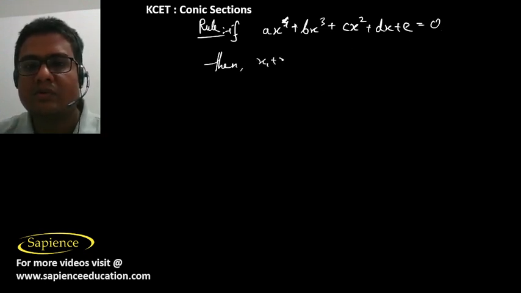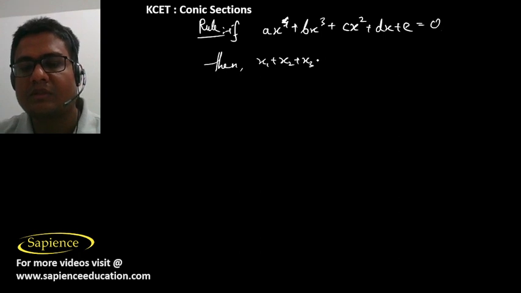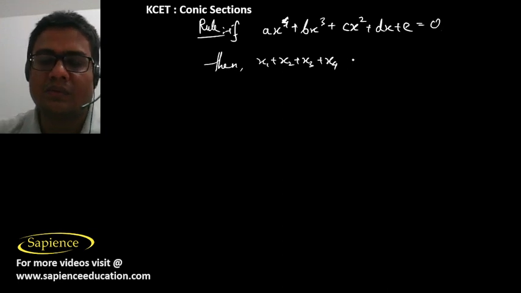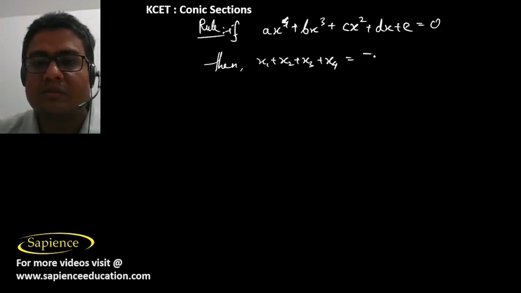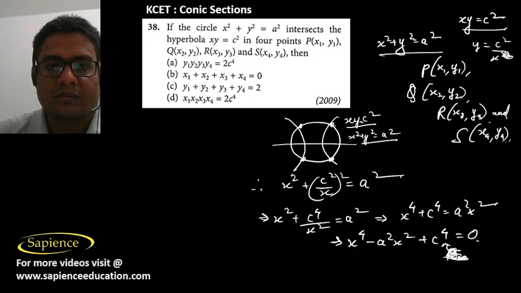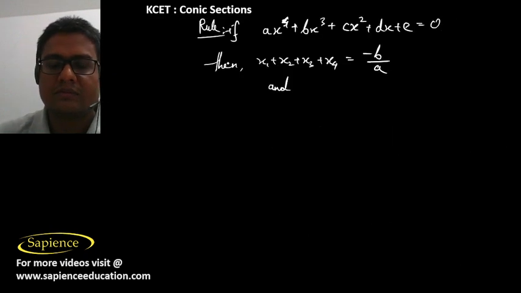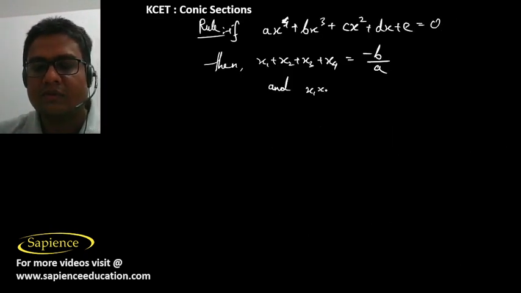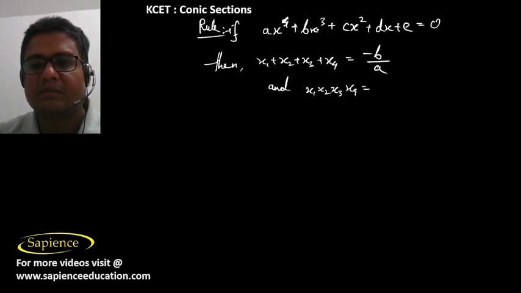Then the sum of the roots x1 plus x2 plus x3 plus x4 is minus b by a, and the product of the roots x1 x2 x3 x4 is e by a.